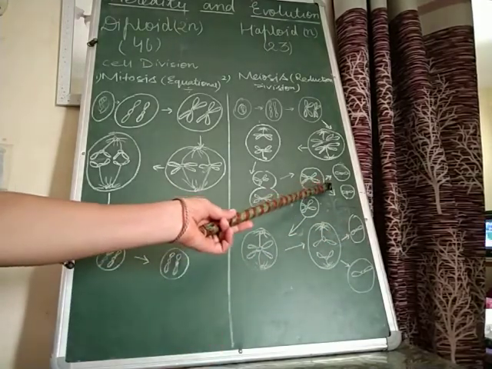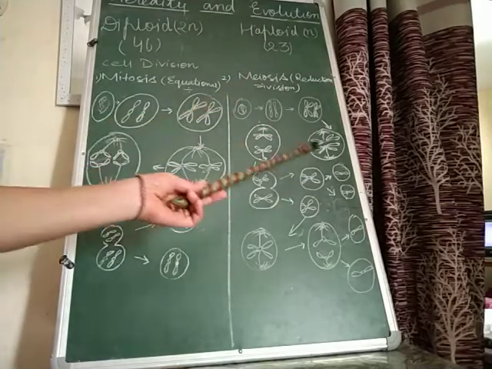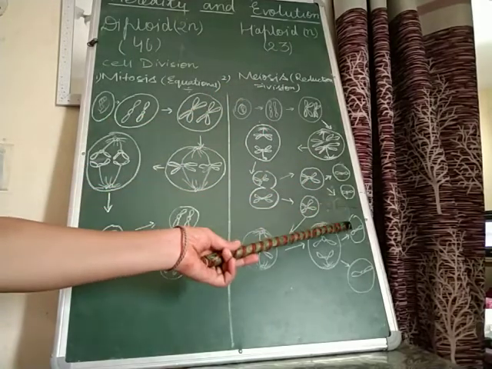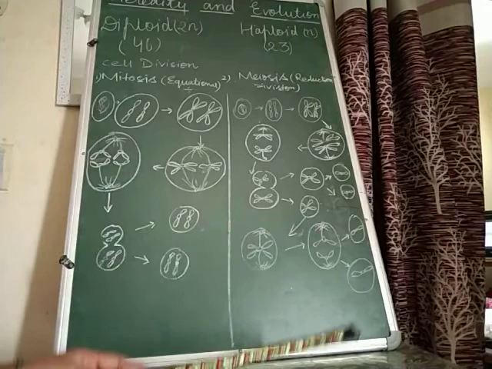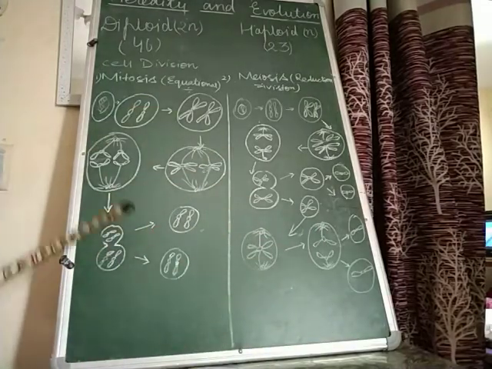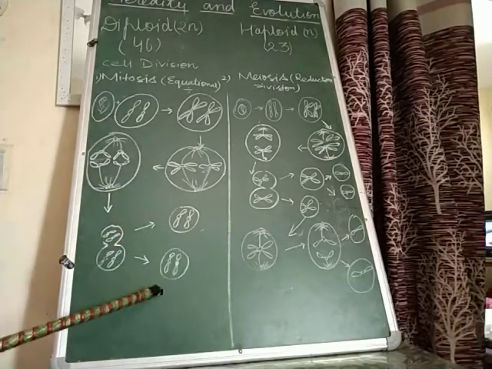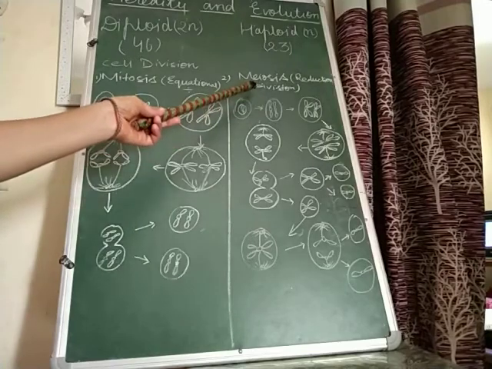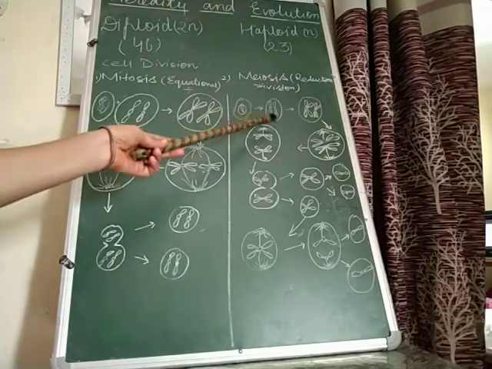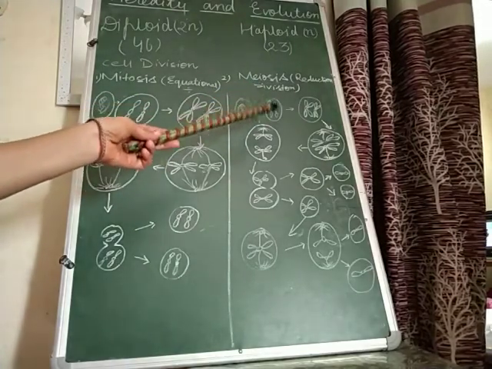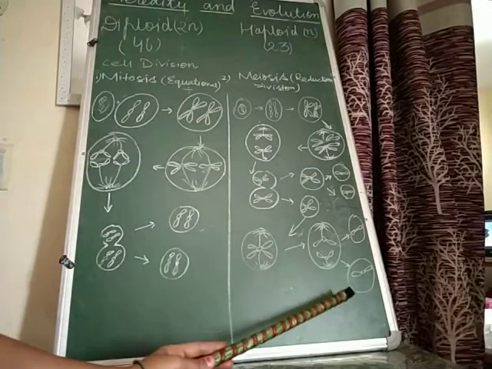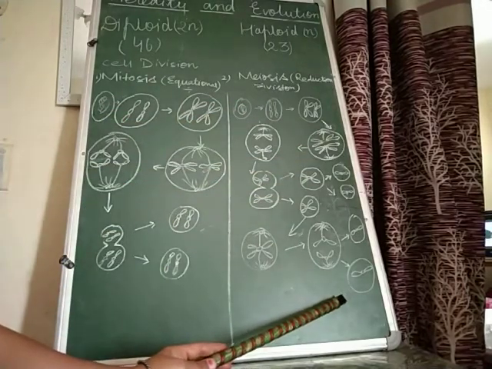So overall at the end of meiosis we get 1, 2, 3, 4 cells, and in case of mitosis at the end we get 2 cells. Here the number of chromosomes present in the cell in the beginning and at the end are not the same.